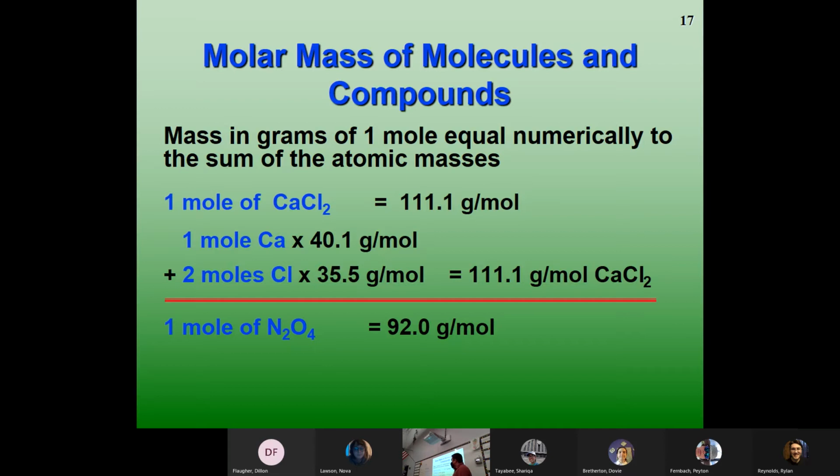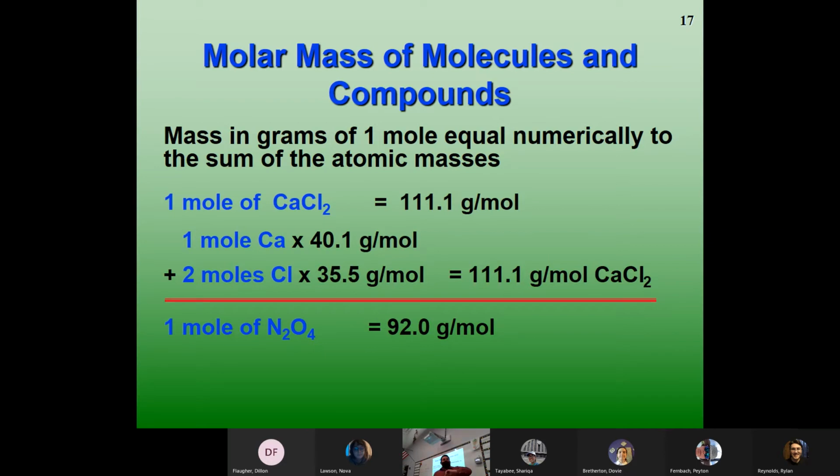All right, so real quick on your own, on your piece of paper. Well, never mind. I already gave you the answer, I think. So N2O4, if I look at the periodic table, nitrogen weighs 14. I need 2 of them though, so that's 28.